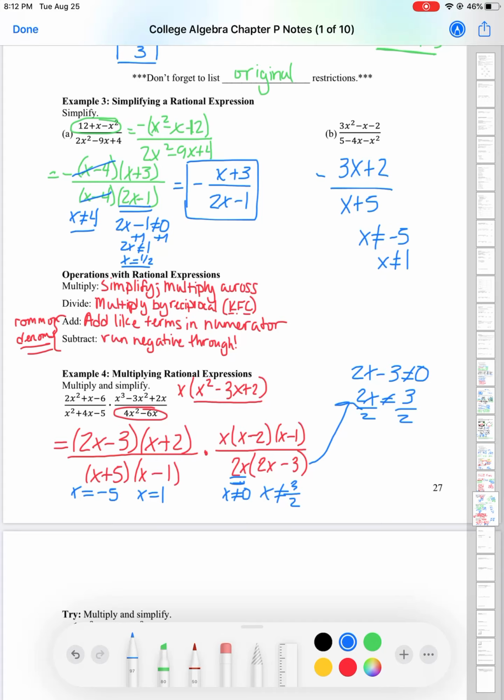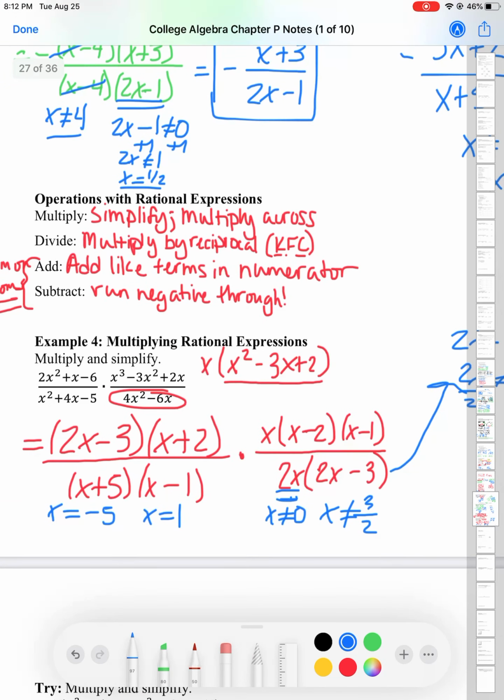So there are all my restricted values. After that, I can go ahead and start reducing. So I see an x minus 1 on the bottom and an x minus 1 on the top. I see a 2x minus 3 on the bottom and a 2x minus 3 on the top. Then I see an x on the bottom and an x on the top.